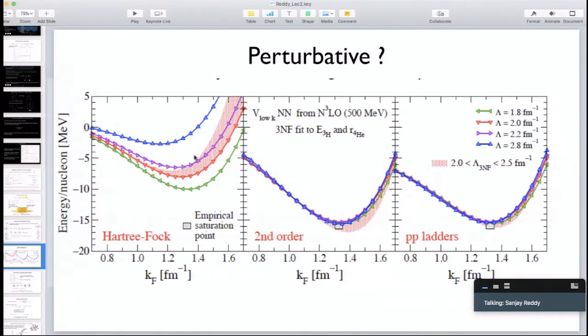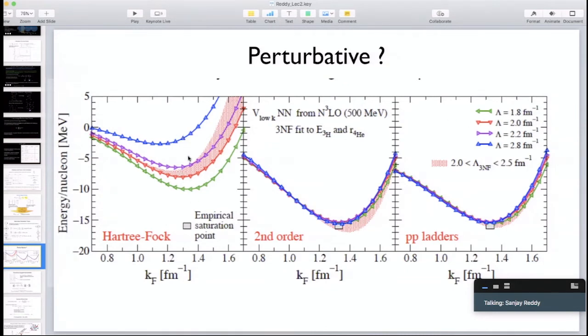Now, if you just did the first order calculation, which is called Hartree-Fock, using a potential that fits scattering data, essentially what one is using is different cutoffs. So this is what I mentioned earlier, that you have to specify how to regulate these integrals when you do this calculation. And ideally, you don't want any dependence on the regulator.